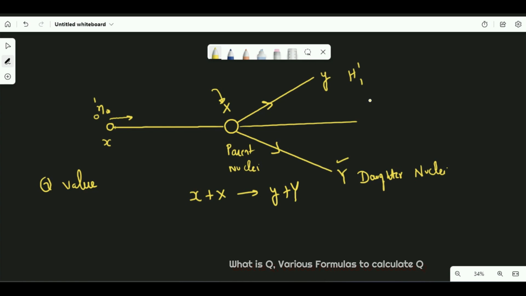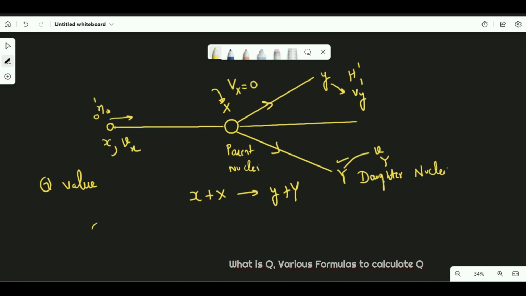Okay, I hope this is making sense to you. This is some kind of nuclear reaction which is happening. Now, if the velocity of this neutron or a small nucleus is vx, say this is at rest, so capital Vx is equal to 0. The velocity of this one is Vy, and the velocity of this one is vy.